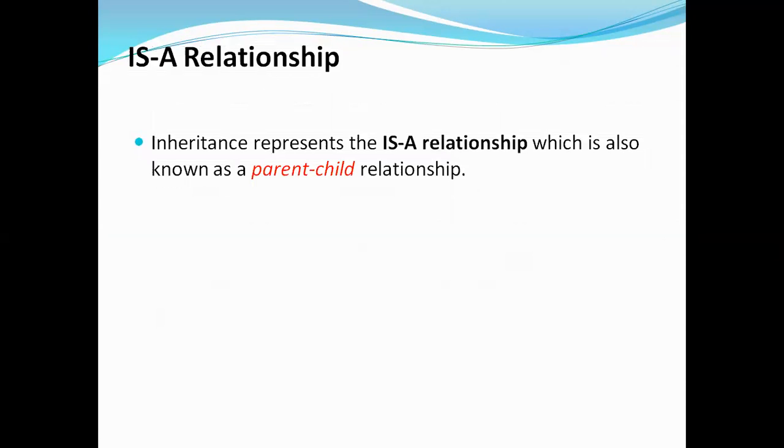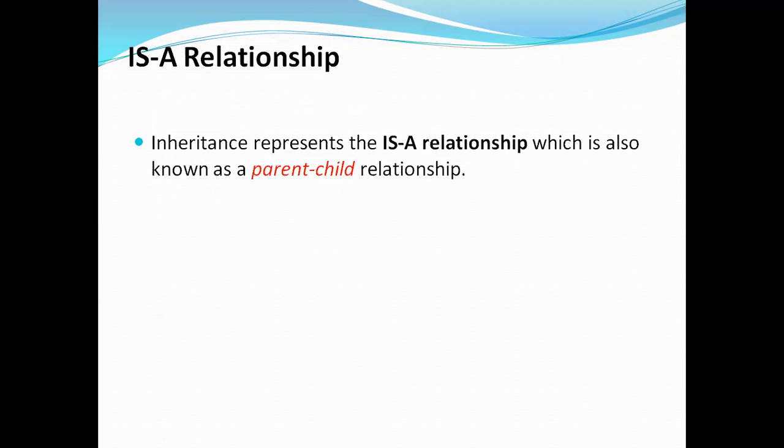Now next thing, inheritance represents an is-a relationship between parent and child. That is also known as a parent-child relationship. Here, is-a means a child class can be taken as an instance of a parent class or a specification of a parent class. For example, bike is a class.